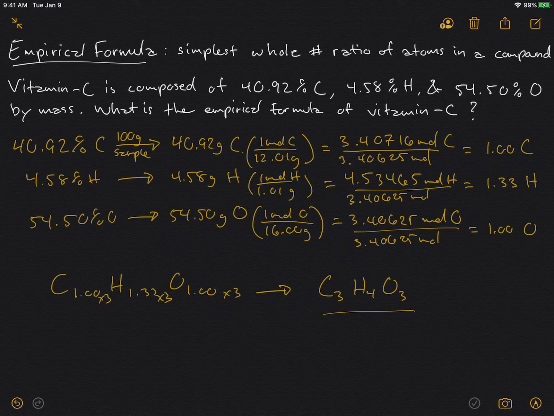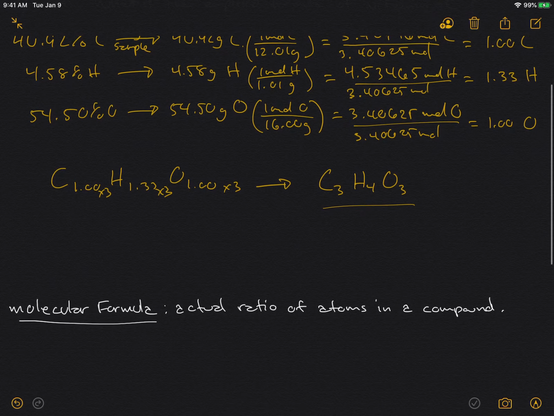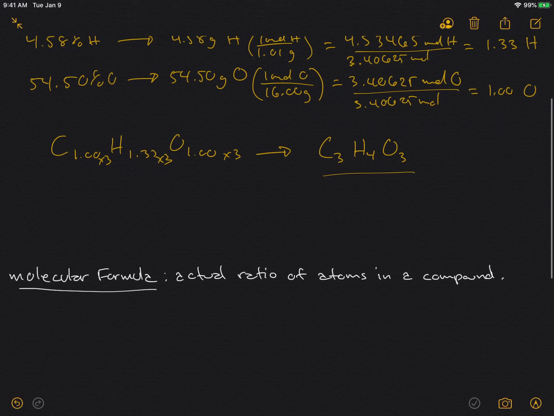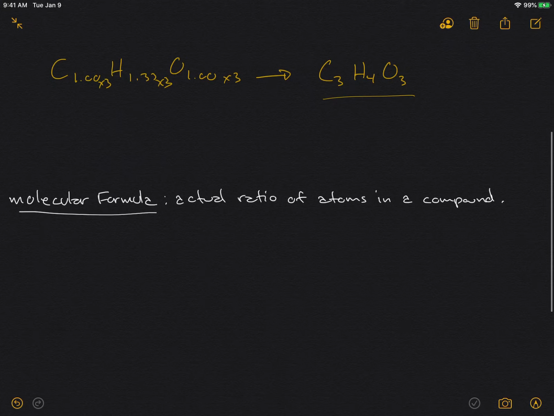And so now, how do we find the molecular formula now that we've got the empirical formula? Well, the empirical formula is always the first step. The molecular formula is the actual ratio of atoms in a compound. Sometimes this could be the same as the empirical formula.